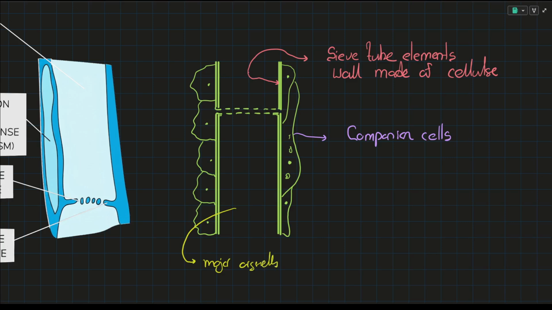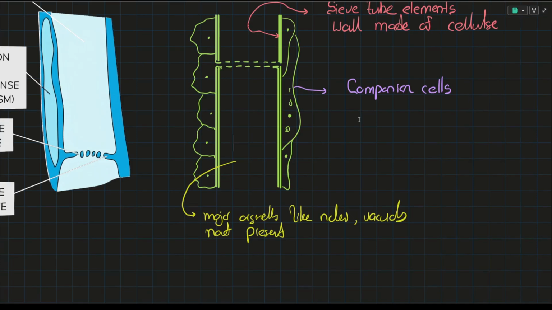For example, major organelles include the nucleus, like nuclei, vacuoles, are not present in the sieve tube elements. And so you would expect a nucleus, a huge nucleus like this, but it's not present.